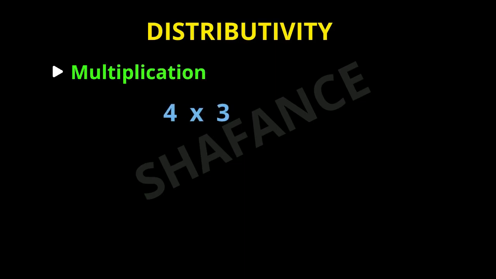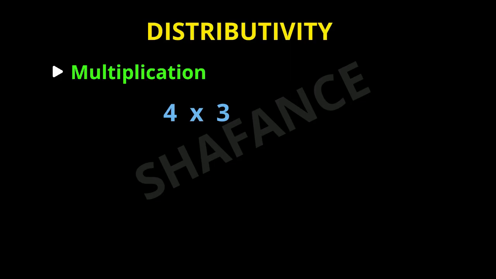Now we will see the multiplication operation. So we have 4 multiplied by 3. We have already seen that multiplication is repeated addition. So that means the number 4 gets added 3 number of times. So the multiplication is actually linking both the digits.